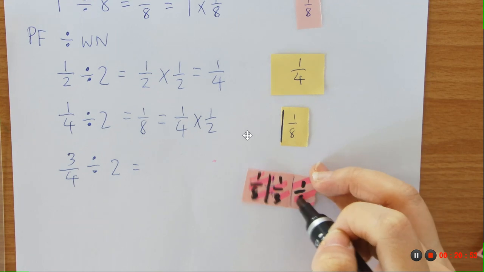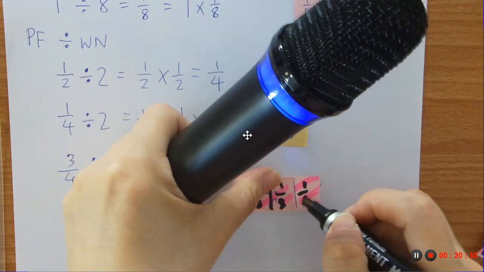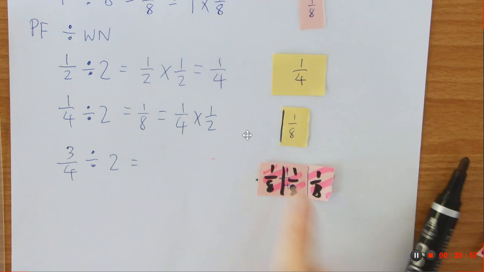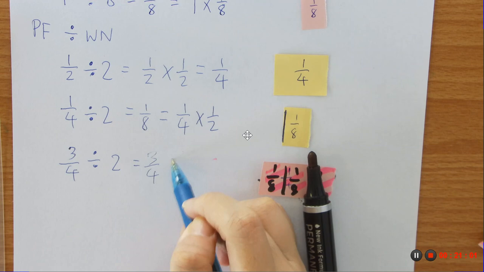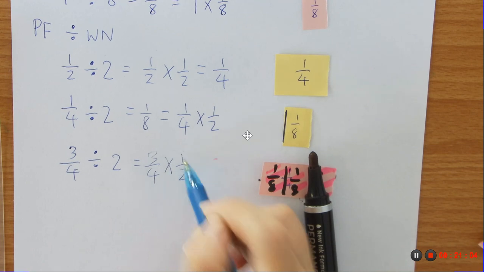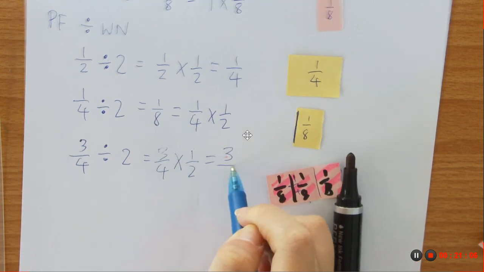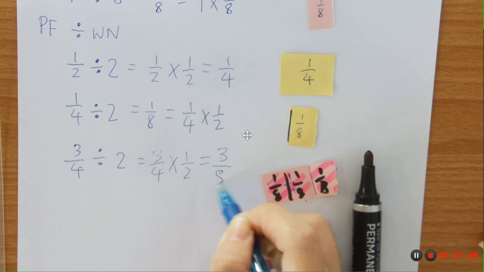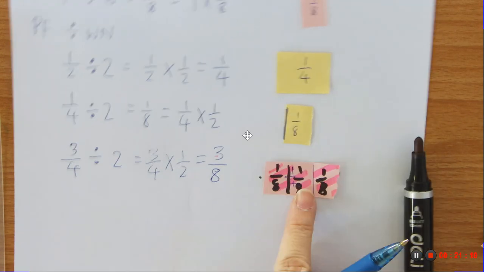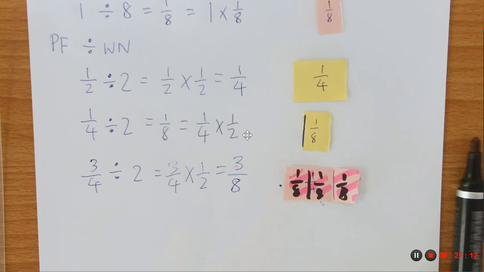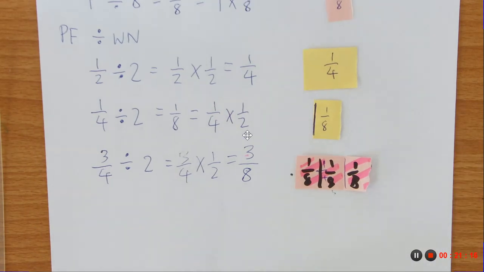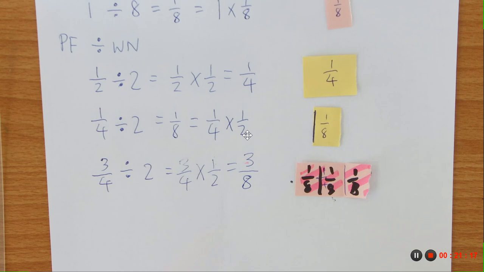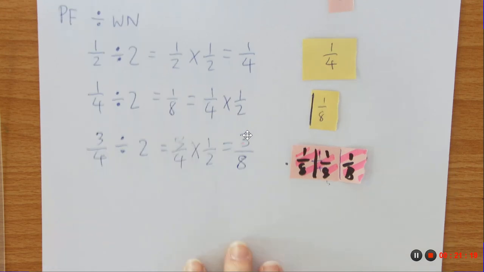So what's the shortcut? 3/4 times half. Numerator times numerator, 3. Denominator times denominator, 8. 3/8. Are you alive? Is your brain getting painful? No? A bit? Okay. This is fraction divided by whole number.